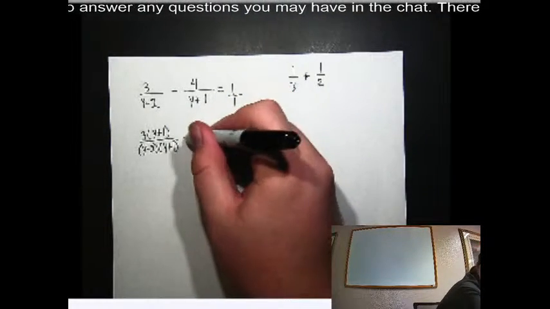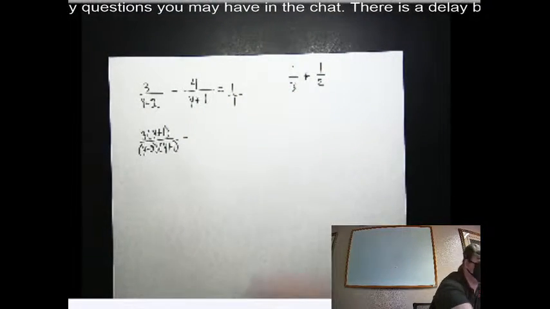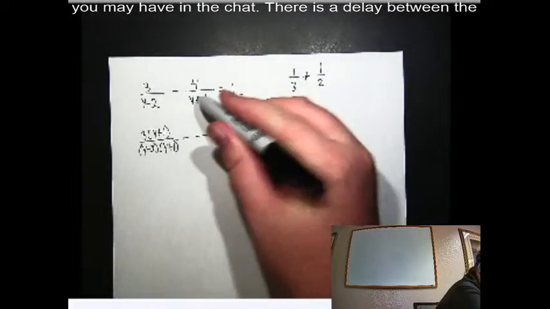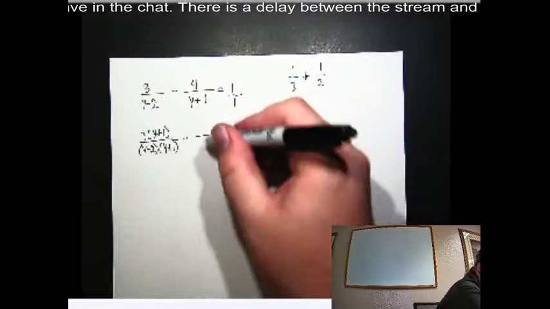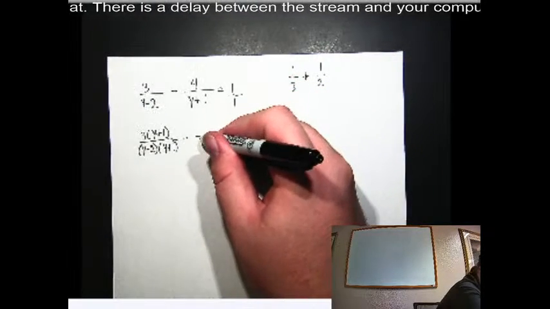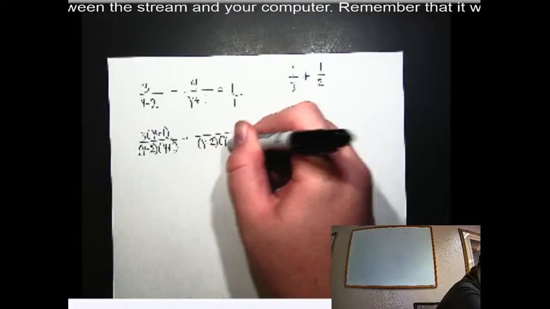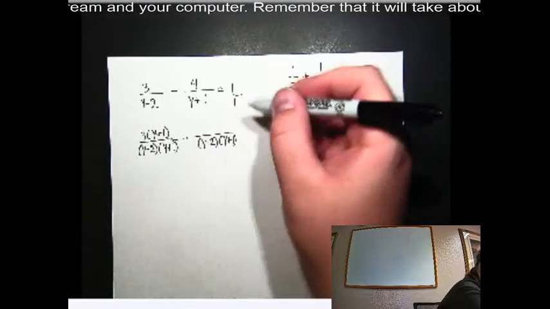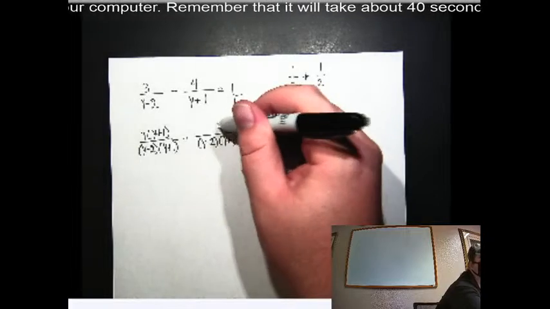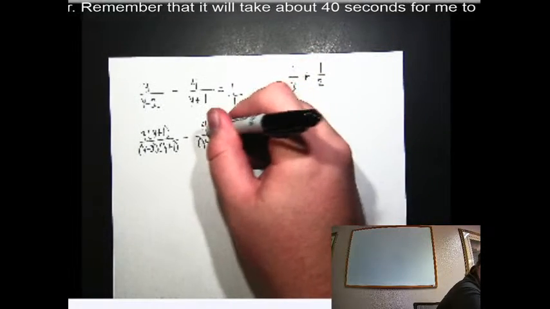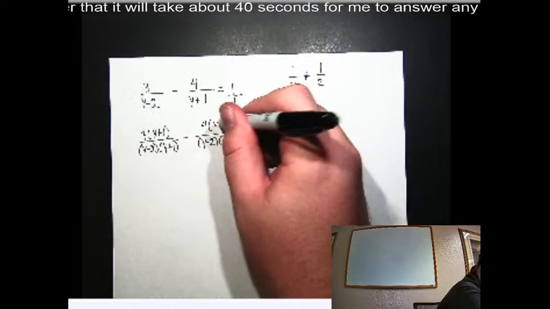Then subtract. We have y plus 1, so we need to multiply it by y minus 2. Again, whatever we multiply the bottom by, we multiply the top by as well. So now we have 4 times y minus 2.